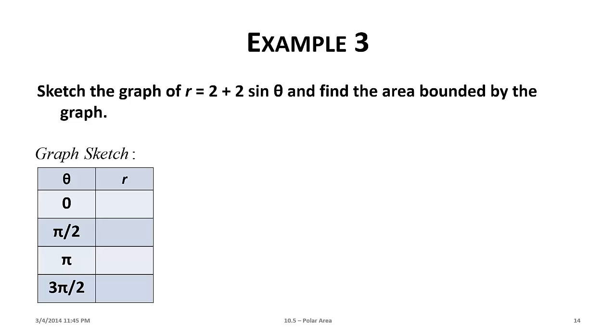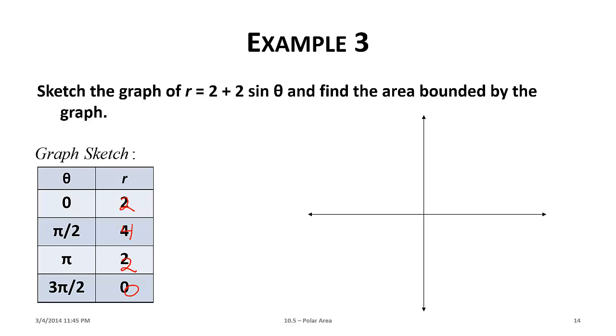In this case, sine of 0 is 0. 0 times 2 is 0. 0 plus 2 for r will equal 2. So from this table, we know this is going to equal 2. Pi over 2: sine is 1. 1 times 2 is 2. 2 and 2 is 4. And just continuing the process, 3 pi over 2 is going to equal negative 1, which is negative 2. 2 plus negative 2 will equal 0.